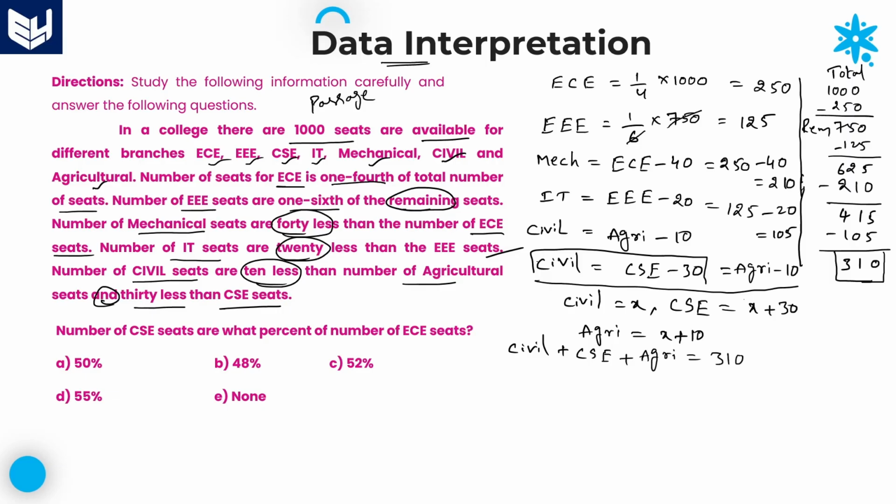So x plus x plus 30 plus x plus 10 equals 310.